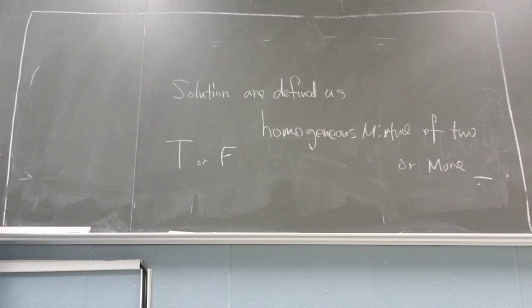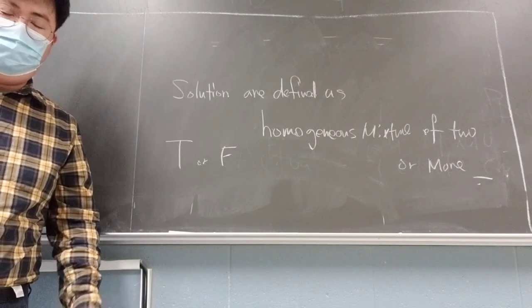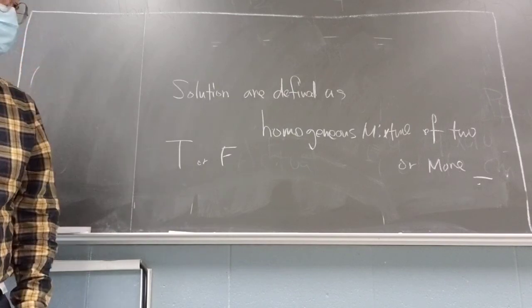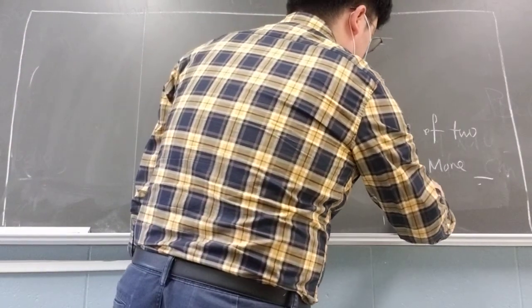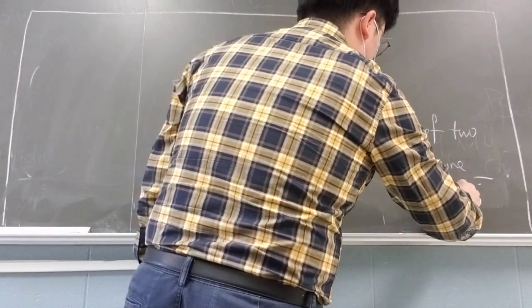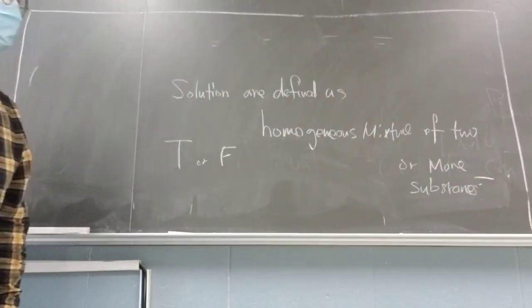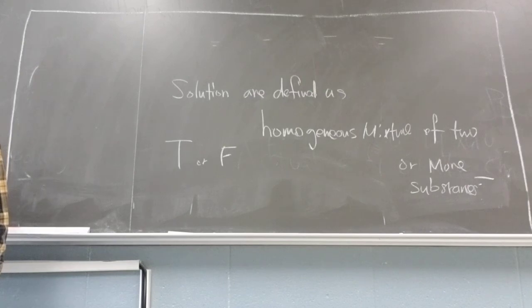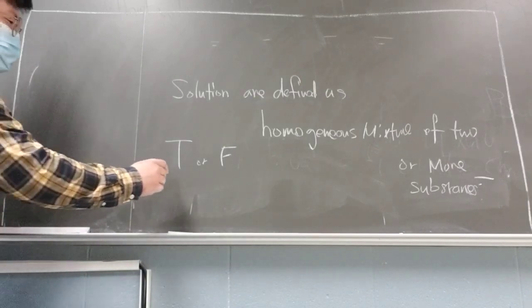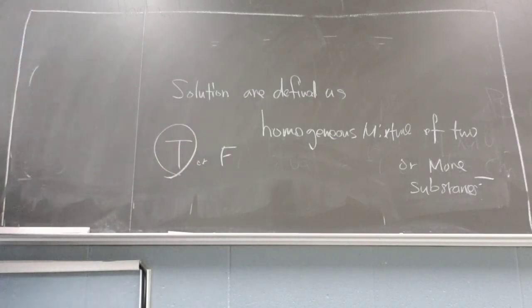Okay. The solution, we define the solution as a homogeneous mixture of two or even more substances. Okay, substances. Okay. True or false? True. Perfect. Okay. This is what we did here.